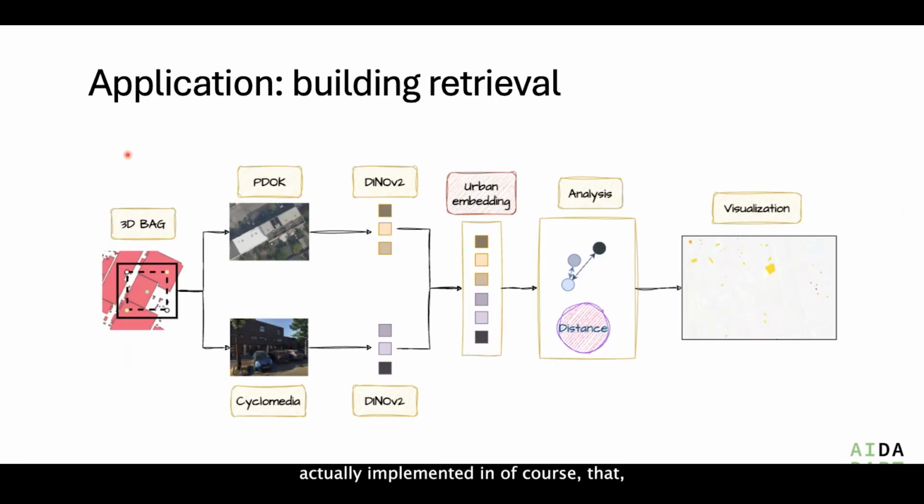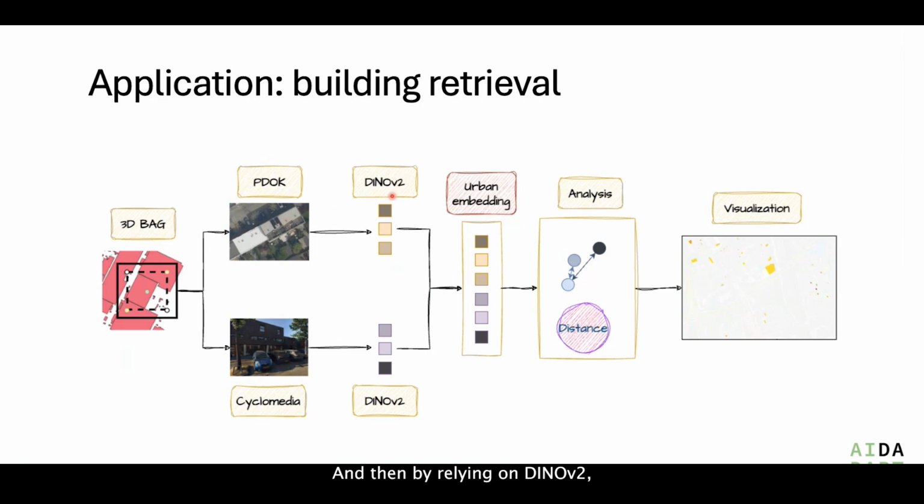The second one, which we actually implemented in a course that was taught recently in our department, is to use aerial images and street view images, which are retrieved from publicly available data. In this case it is coming from 3DBAG, which is available throughout the Netherlands.